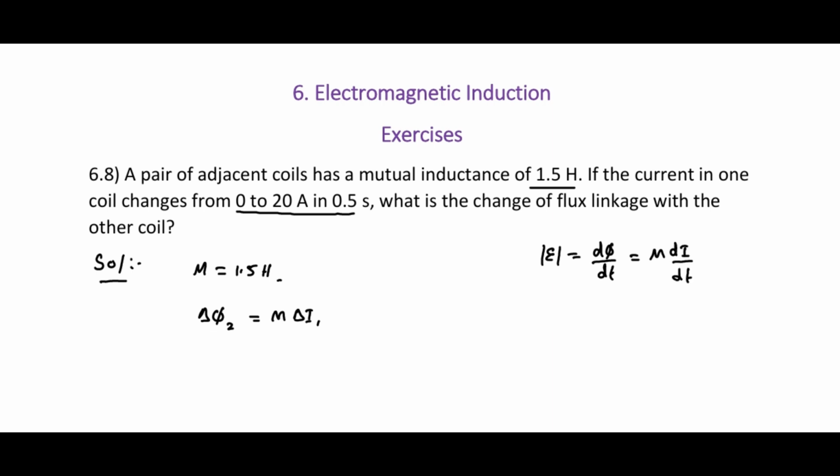So from this, d phi is equal to M di, or delta phi is equal to M delta I. That is equal to 1.5 into 20 minus 0, that is equal to 30 Weber.